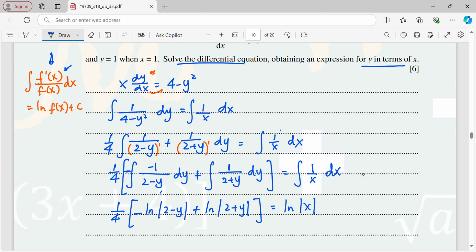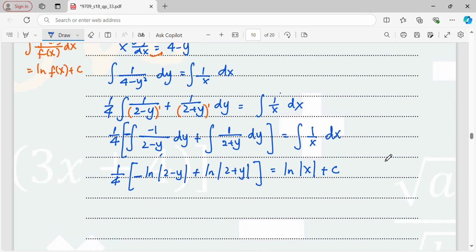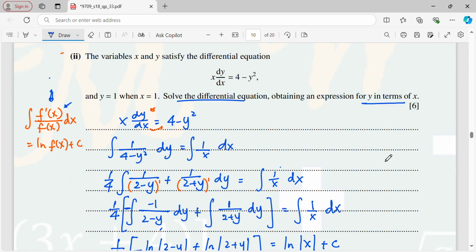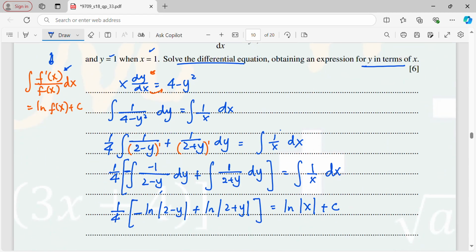Now, since all these integrations are without limits, you're supposed to add plus c, or arbitrary constants, to each of the integrations. But now I will just say that the total of the arbitrary constants will be just plus c. I will just write plus c on the right side, only one plus c. Then from here, I will start finding c by replacing the x and y values.